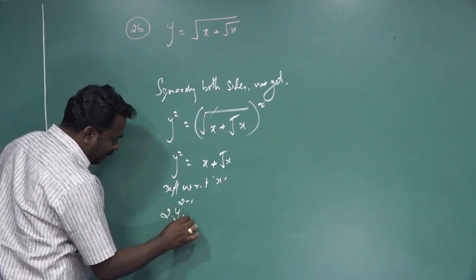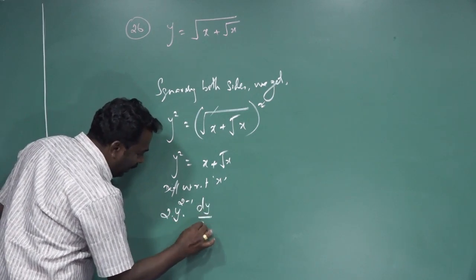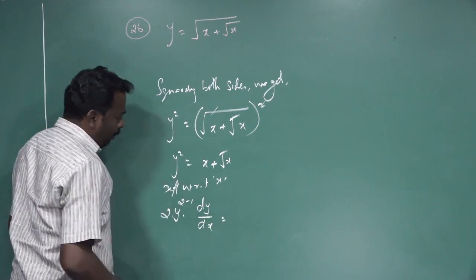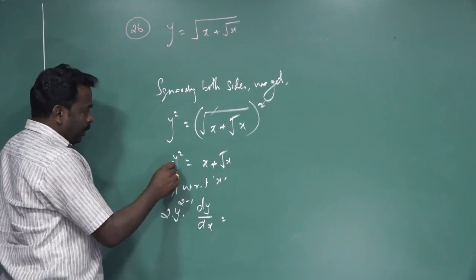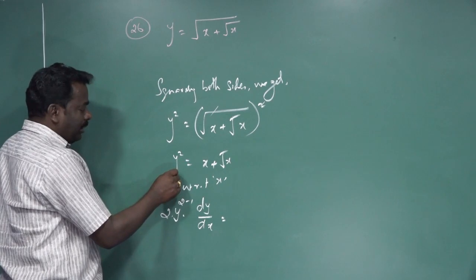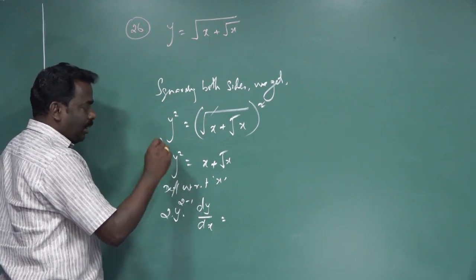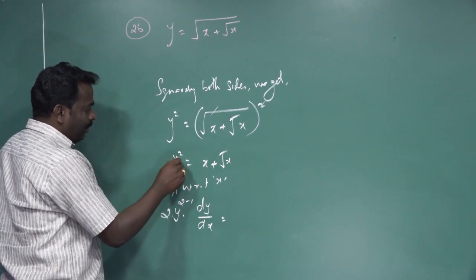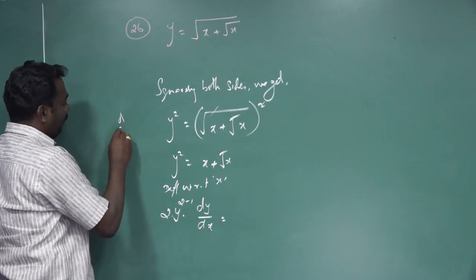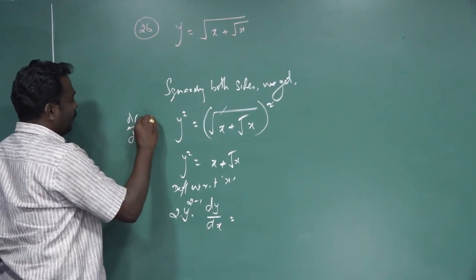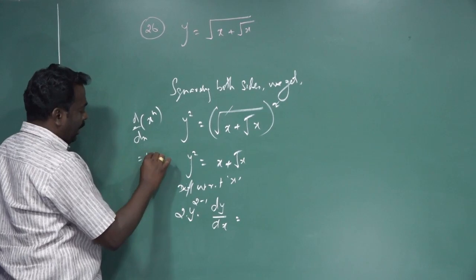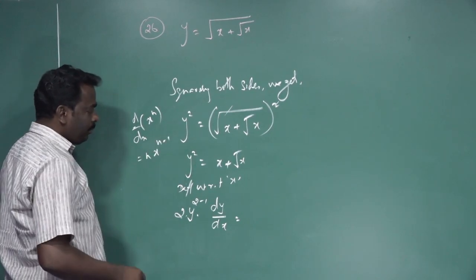But y we can differentiate again, dy by dx. Here y is the dependent variable, x is called the independent variable, y square in the form of x power n.